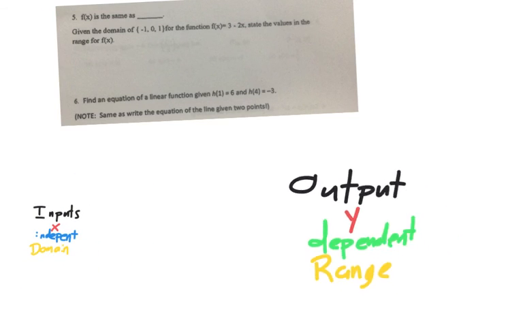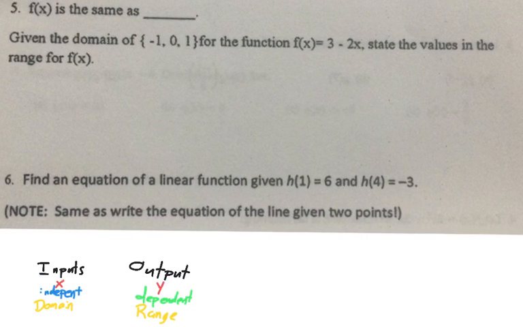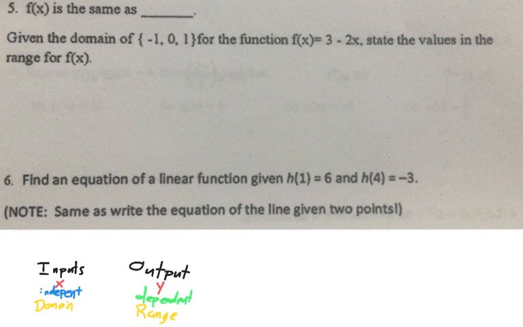Okay, so now that we've talked about those, let's look back at the question and see if it makes more sense. Given a domain of -1, 0, and 1. So what's that really saying? The x's. Say I input -1, 0, and 1. Then state the values in the range for f of x.